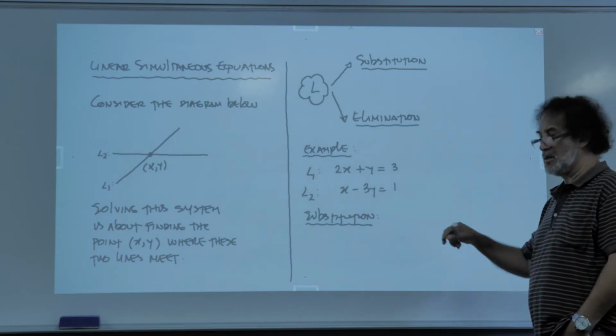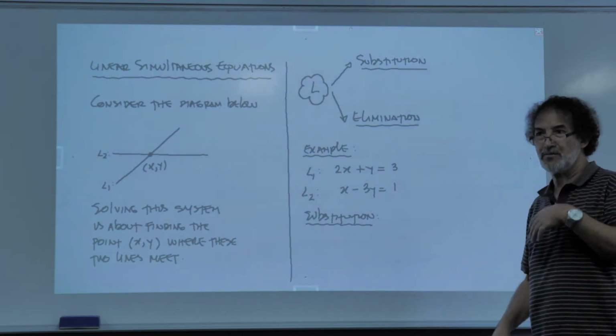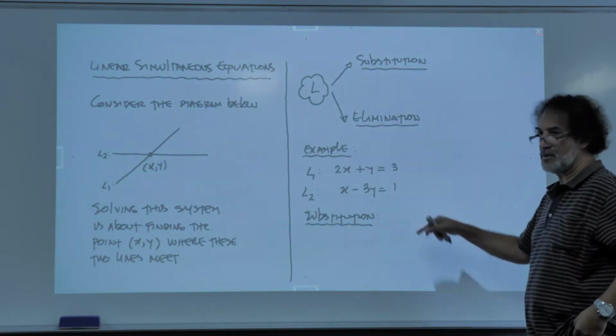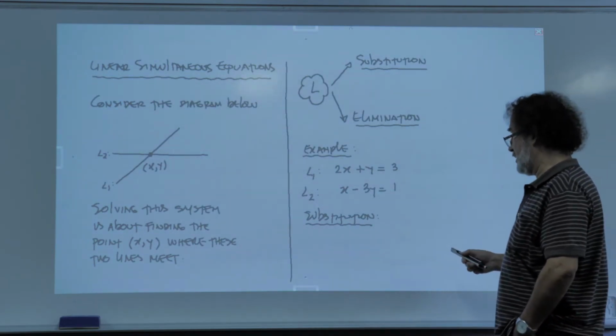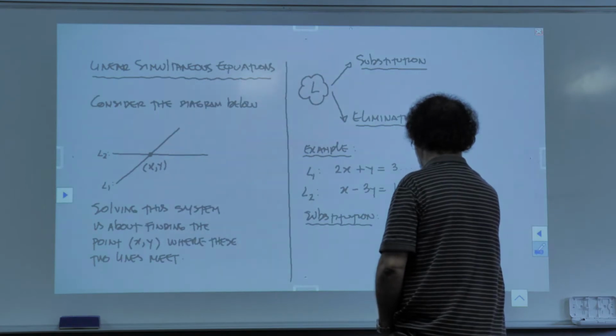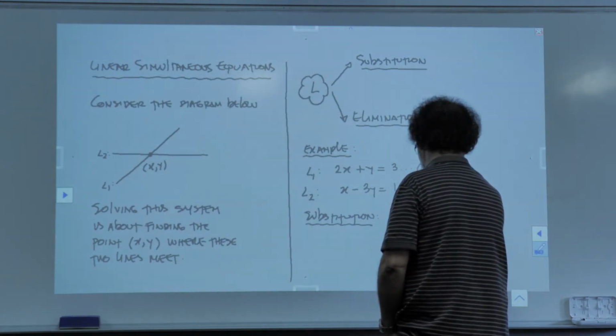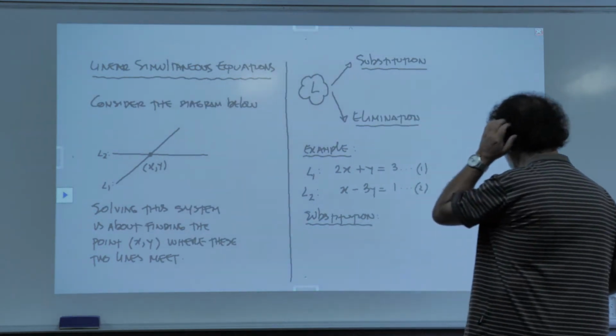Sometimes they look the same, but still, you need to pick one of these two. Okay, which one do you want to use? One. Okay, the first one. All right, so we're going to label them 1 and 2.